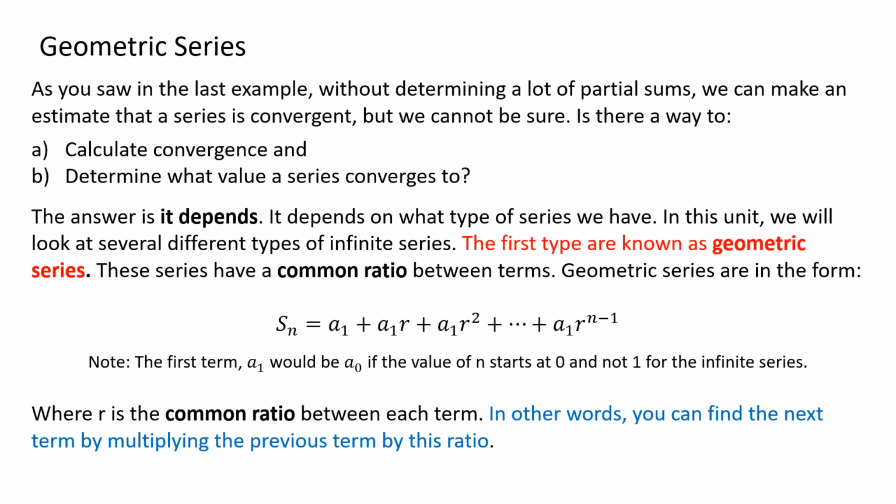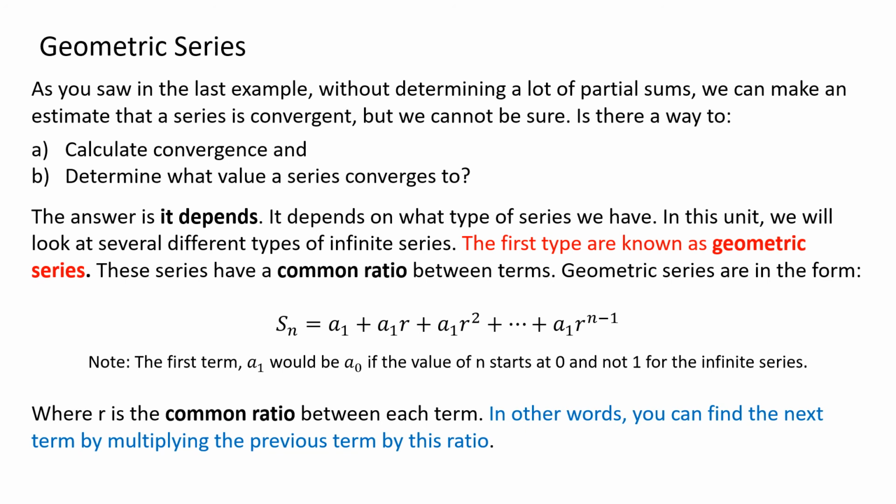So as you saw in that last example, if we kept continuing to find partial sums, we probably would have arrived at a certain number that it converged to. But what we want to look at is, is there a method to, A, calculate or determine convergence of a series, and B, determine actually what it converges to?